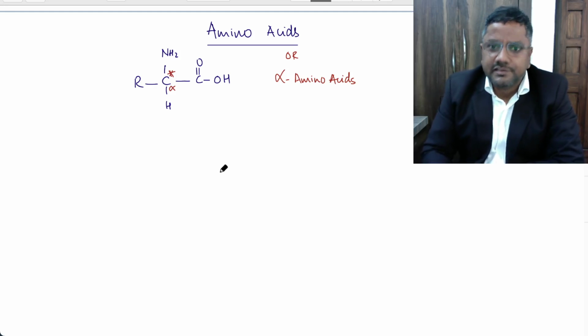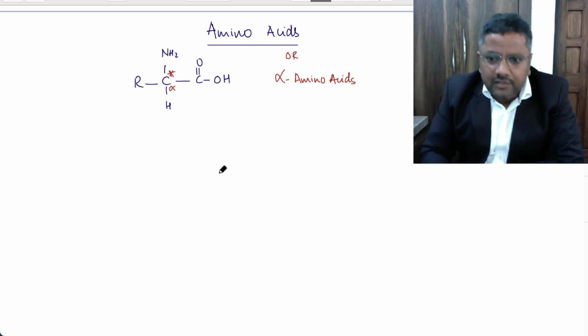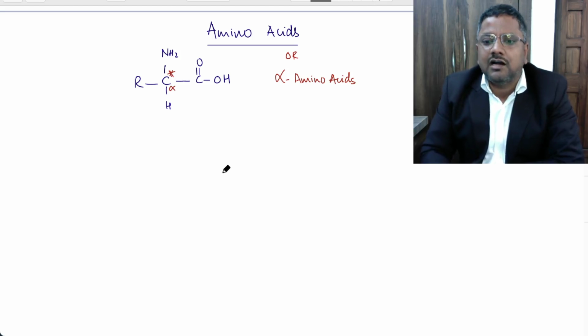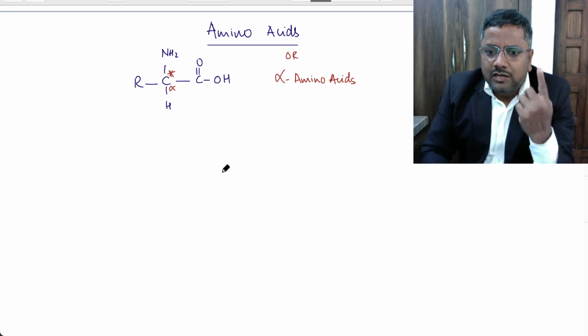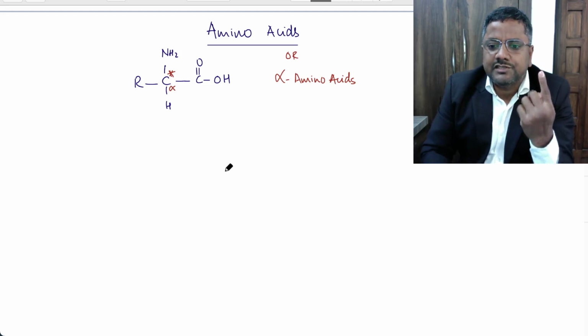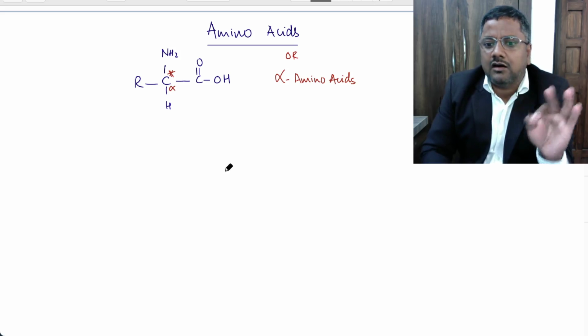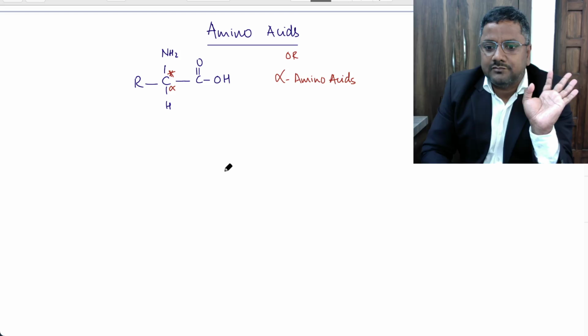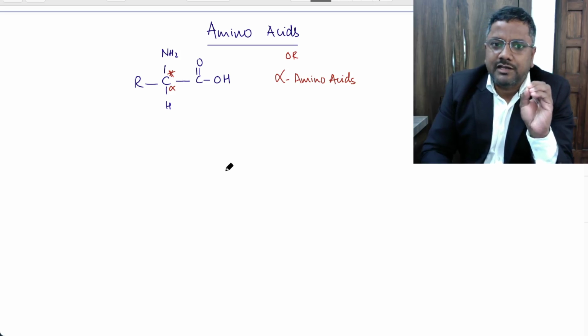The answer is yes. Again, a question arises: are all alpha amino acids chiral? The answer is no. There is only one alpha amino acid which is achiral. Except one, all are chiral, right?